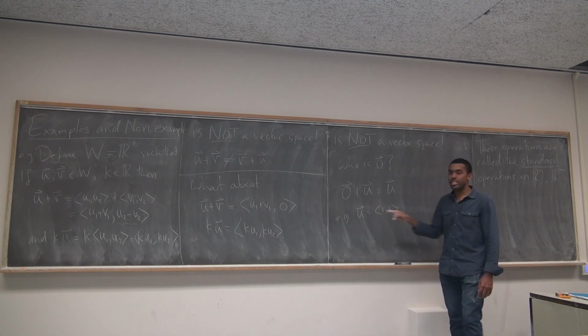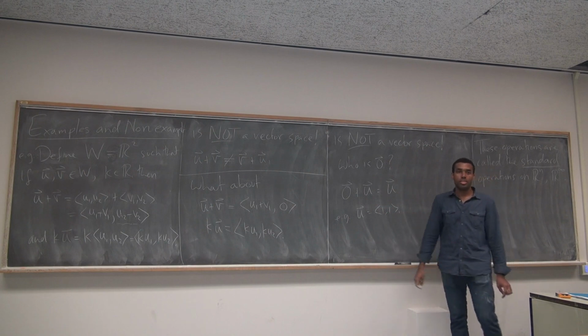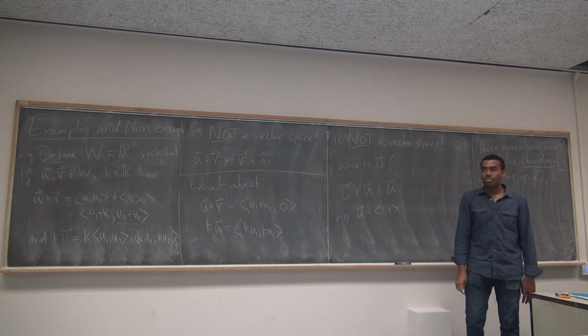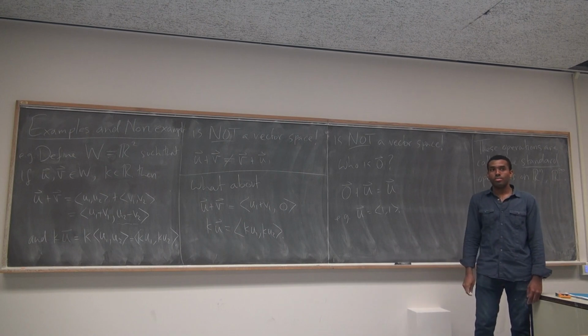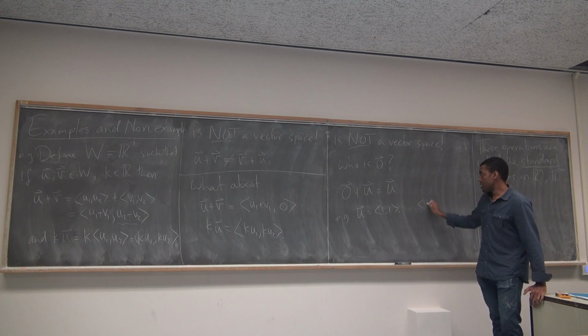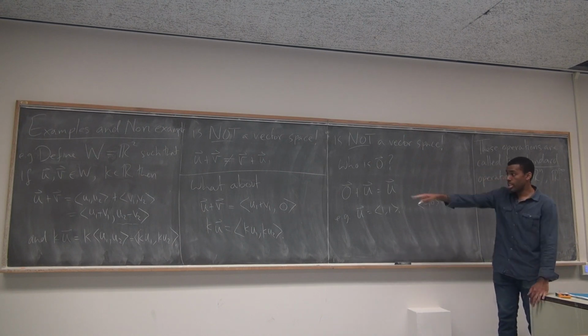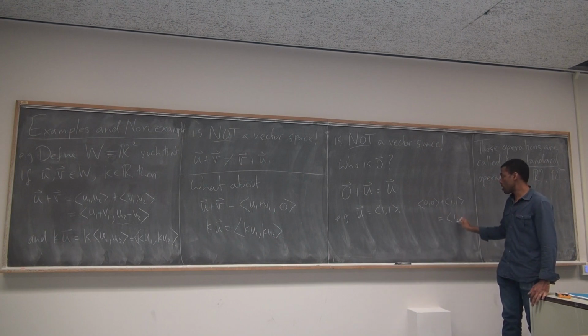What could I possibly add to that to get back 1, comma 1? Nothing. There's no such thing as a 0 vector, right? Well, as in 0, comma 0? If I add that to 1, comma 1, according to that rule, the result would be 1, comma 0.